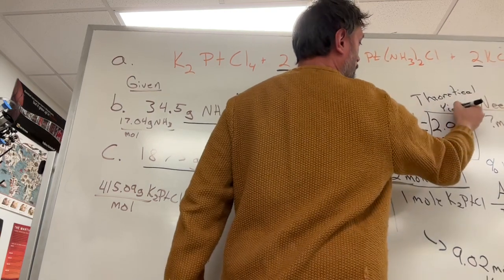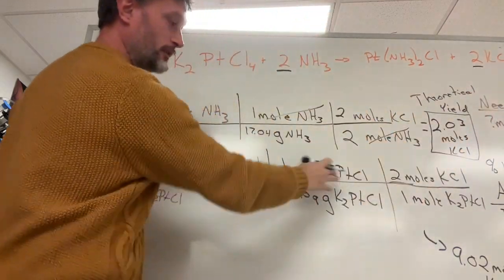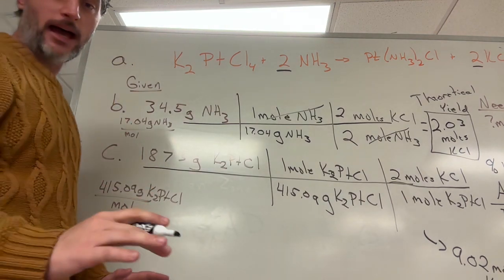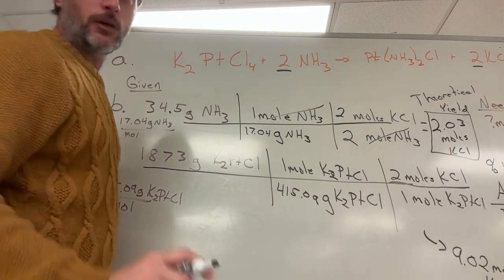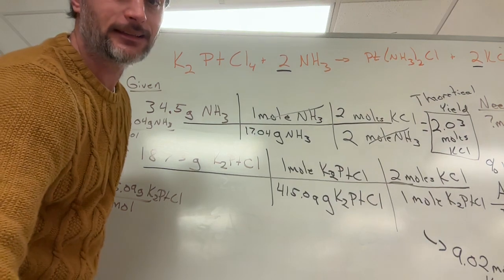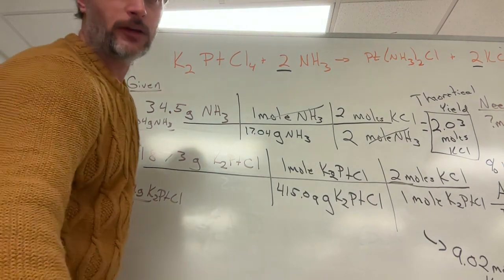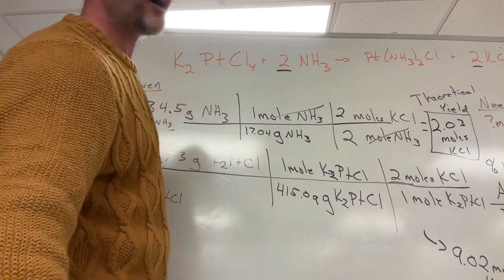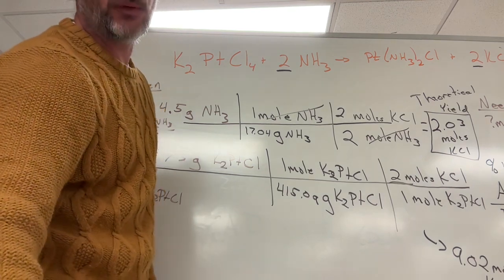Now we've got some stuff left over. We've got some of this stuff left in the container. We could figure out how much is in excess. We'll leave that for another day. So the last step is to figure out what our percent yield is.